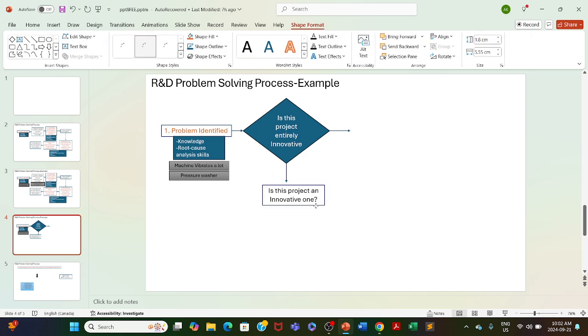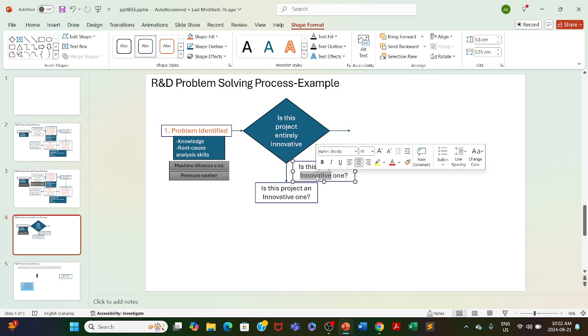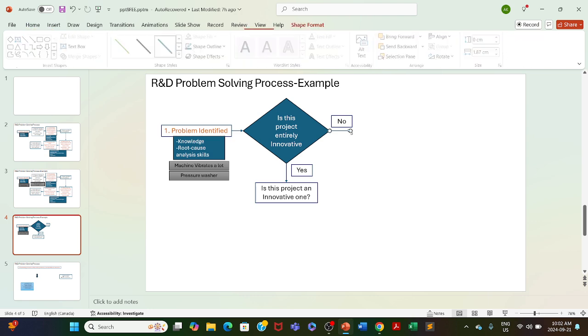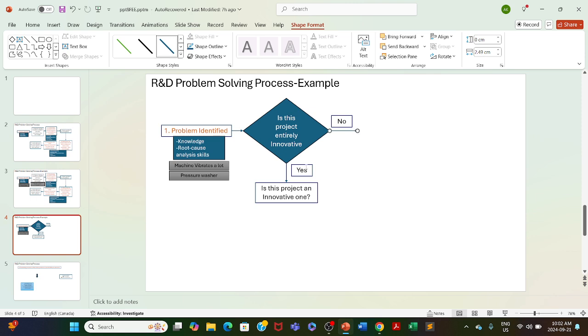And then yes. Two cases where the problem is entirely innovative and the project is not entirely innovative.